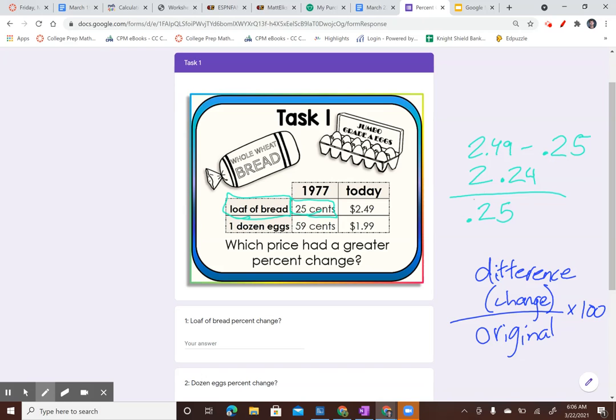And so I'm going to do $2.24 here on my calculator divided by 0.25. And that gives me 8.96, multiplied by 100 gives me 896.